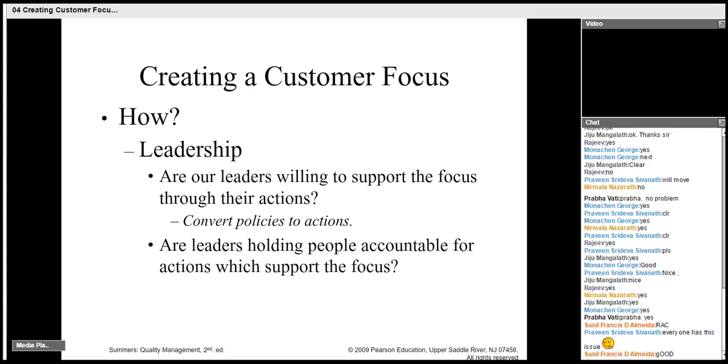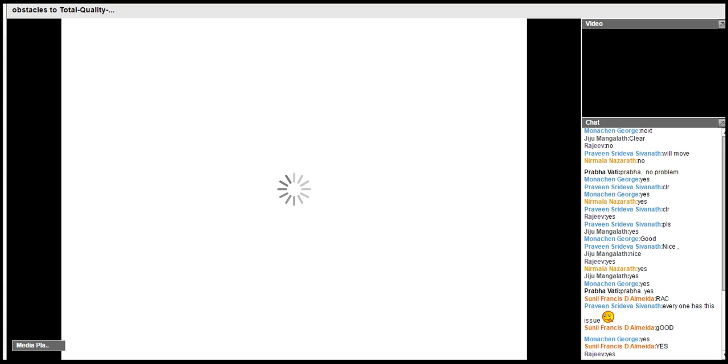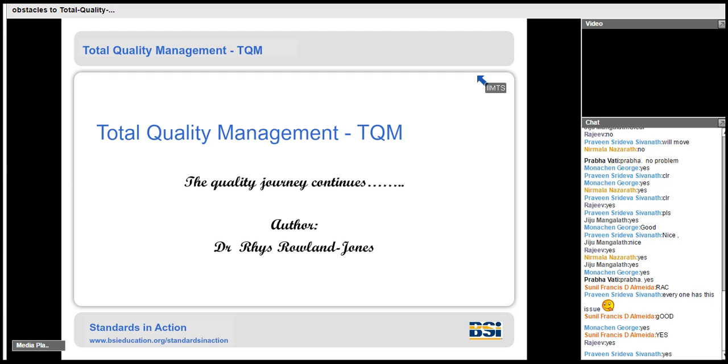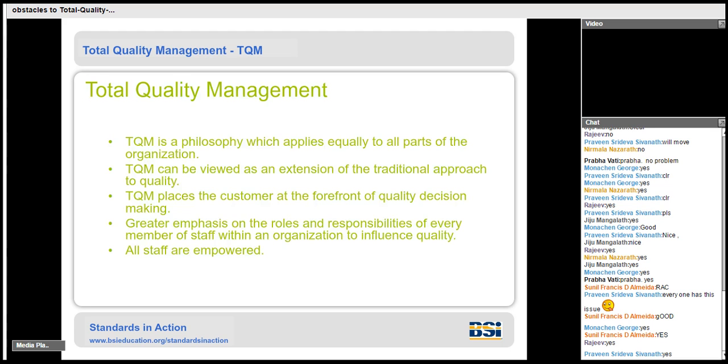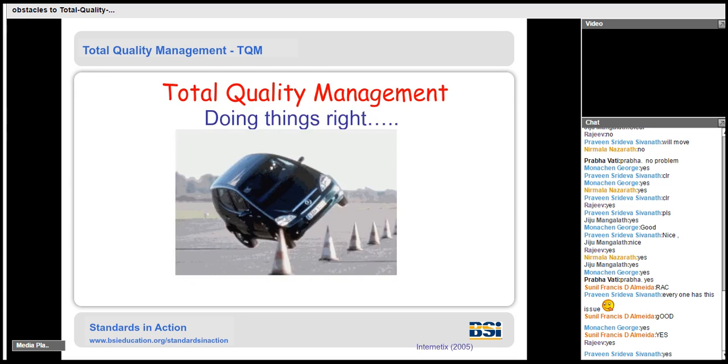Okay, clear to all? Shall we move on to the next part? Nothing new in this PPT as such. Now let us see what the obstacles to total quality management are. So this part we have seen. I'll tell you what obstacles are there.